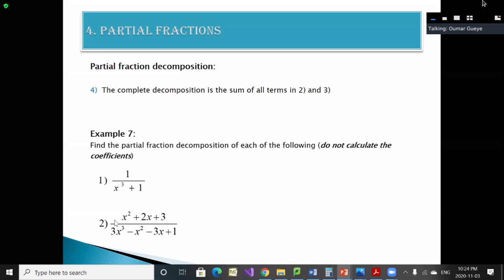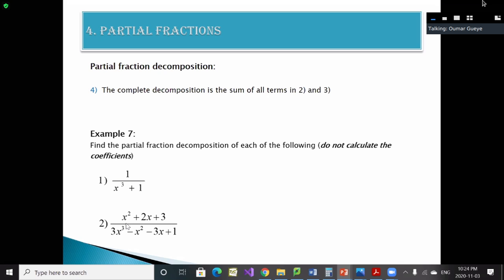All right, so example number 2. We have x squared plus 2x plus 3 in the numerator. Again, this is a polynomial function, and the denominator is also a polynomial function. So we have polynomial over polynomial, and the first condition is satisfied. It's a rational function. Now, the degree of the numerator is equal to 2, and the degree of the denominator is equal to 3.